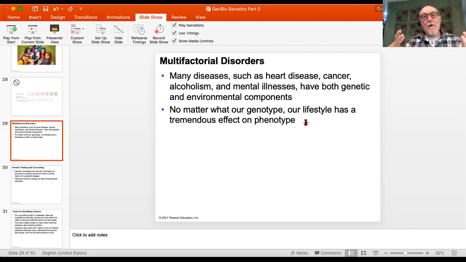We're laying that over genetic predisposition. And so, for example, in Western societies, heart disease, cancer, alcoholism, diabetes, all of these diseases, which definitely have a genetic component, are in fact being enormously increased because of lifestyle adoptions by the population.